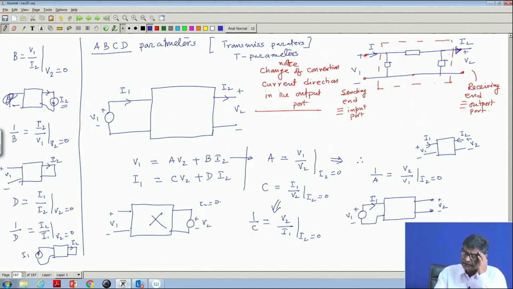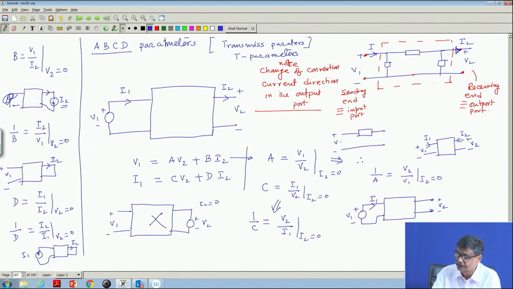So, it is also a mixed up situation, but the only thing is the input parameters, a very logical thing: the input voltage and input port current will be how much if I know V 2 and I 2. So, this is how the ABCD parameters will be found out. And I will request you to find out, as I have taken earlier, if the transmission line is this simple, and in the next class we will discuss.